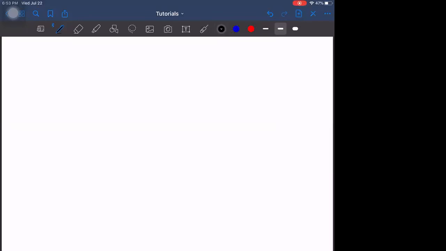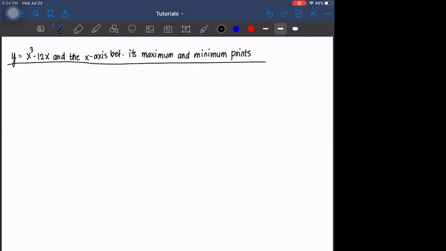This time we'll talk about y equals x cubed minus 12x, and the x-axis, between its maximum and minimum points. Do you still recall maxima and minima?